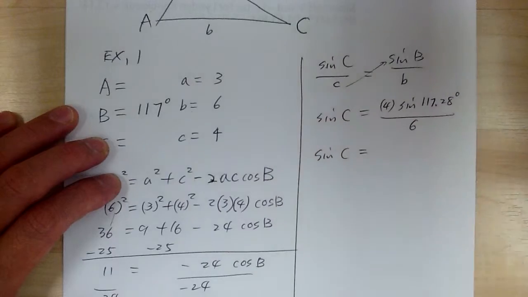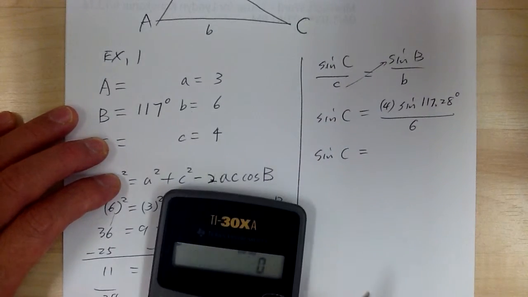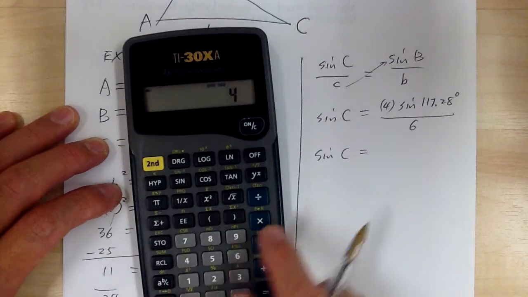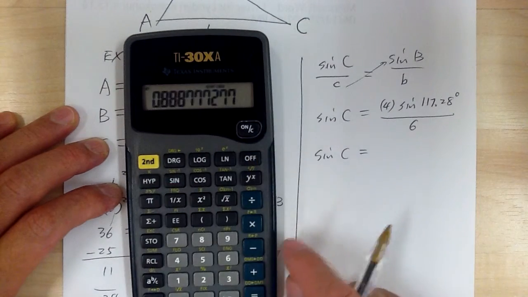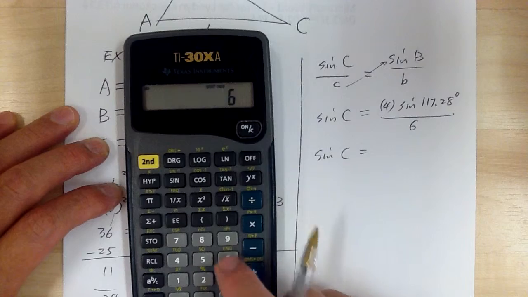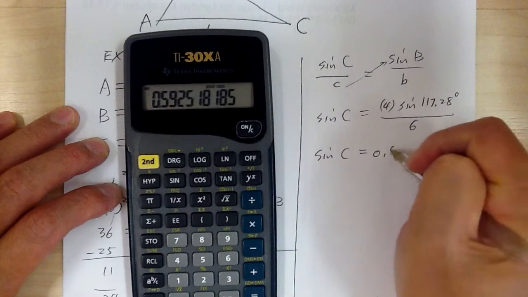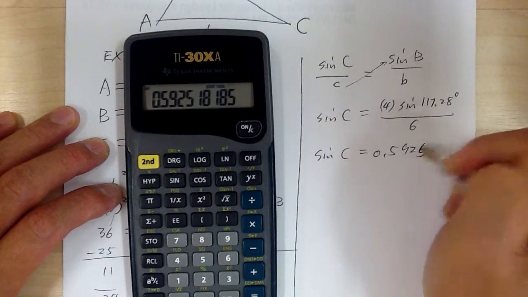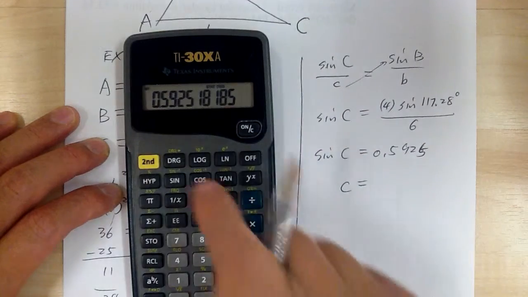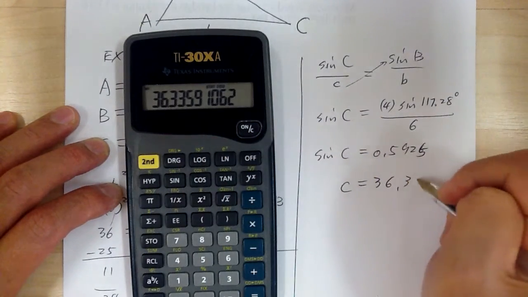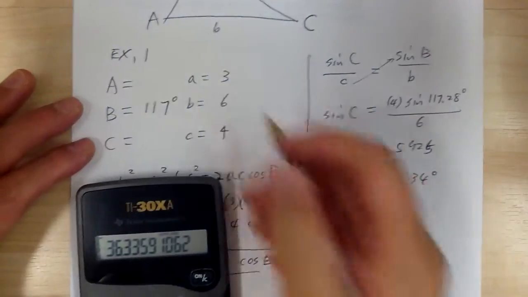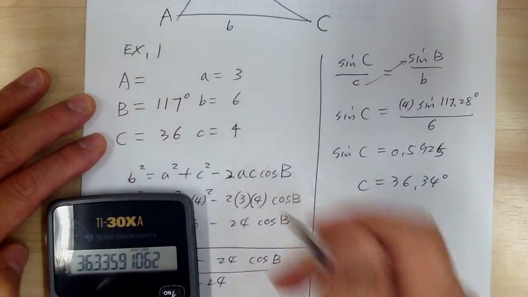So sine C equal to 4 times sine of 117.28 divided by 6, which is 0.5925. So angle C equal to inverse sine, which is 36.34 degrees. So I'm going to put 36 over here.